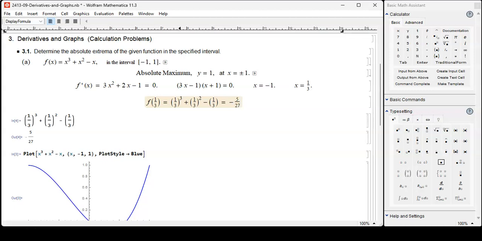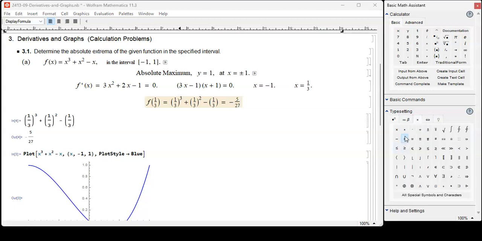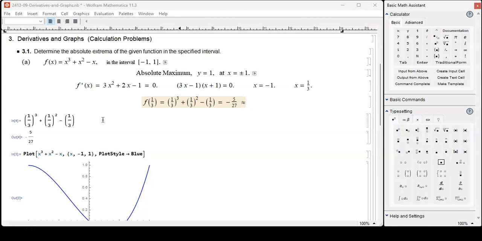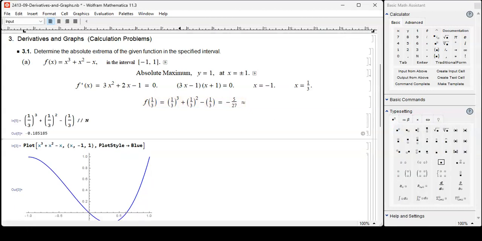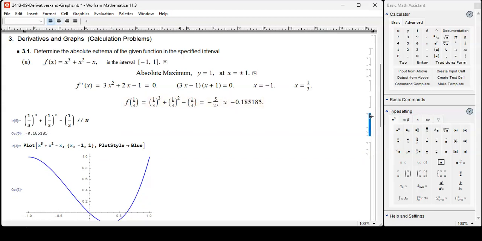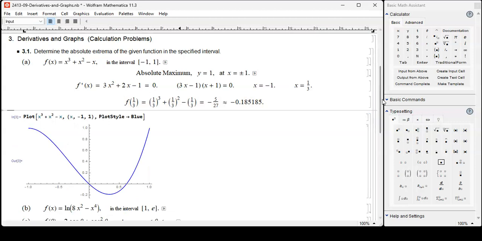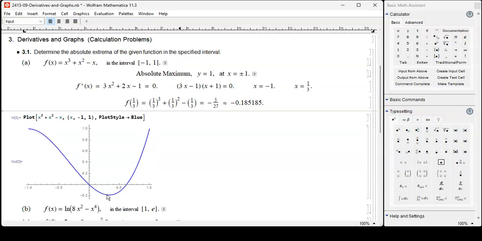This is the correct answer, but I really don't know how large this is. So let's calculate the decimal value of it. And then negative 0.185 something. Okay, that pretty much fits. Pretty close to negative 0.2, but not quite.